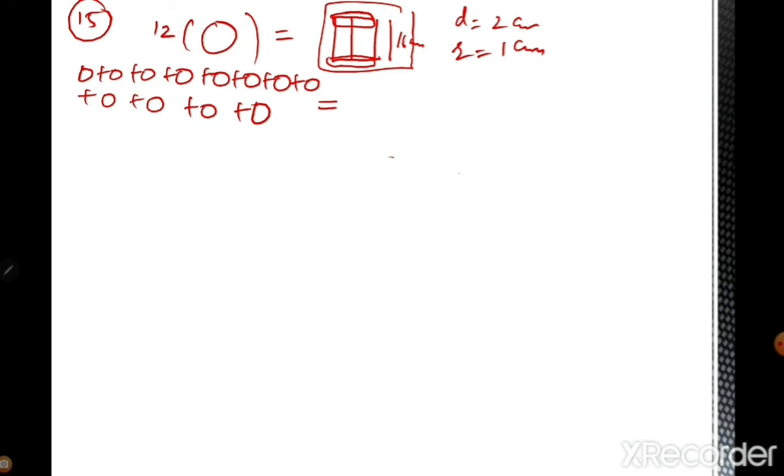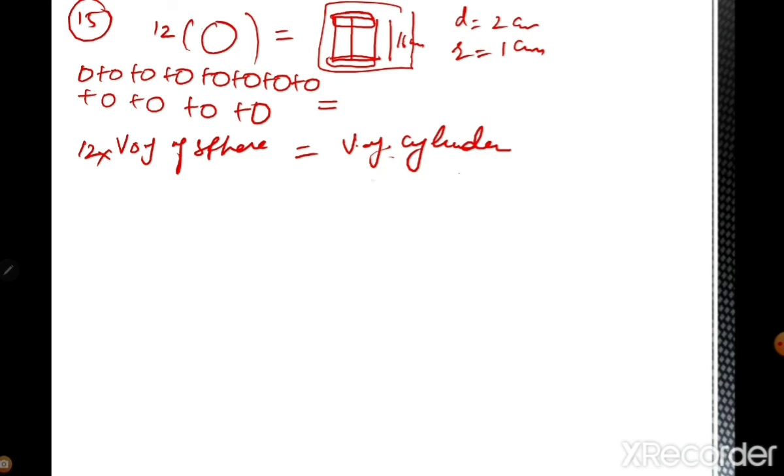If we melt one solid thing and make something from that, obviously their volumes will be equal. So we can say that 12 into volume of sphere is equal to volume of cylinder. So just apply the formula.